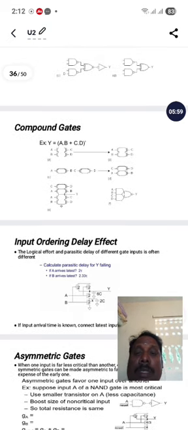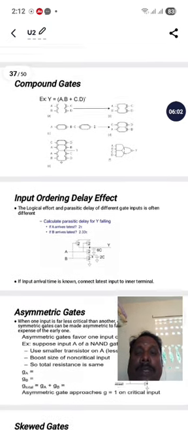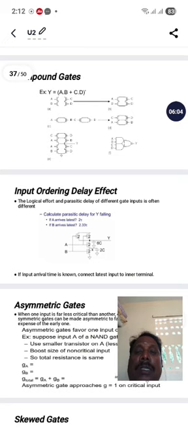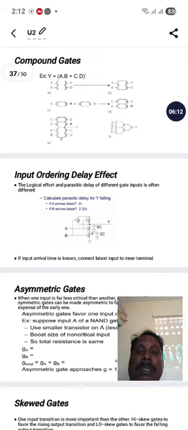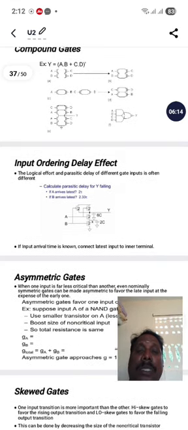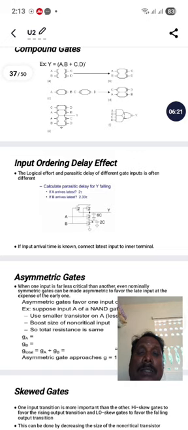Next one is the input ordering delay effect, which means that by ordering the input, I am getting the delay effect. The logical effort and parasitic delays of different gate inputs are often different. So here in the circuit, A and B are two NMOS transistors, with a capacitor value of 2.